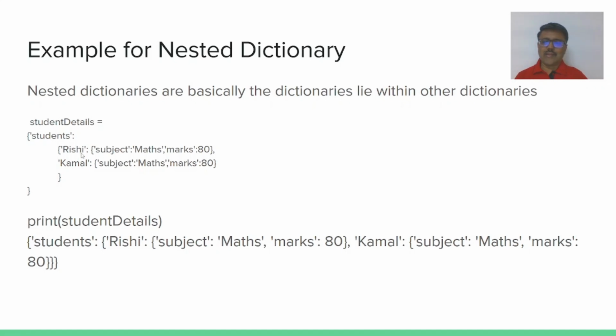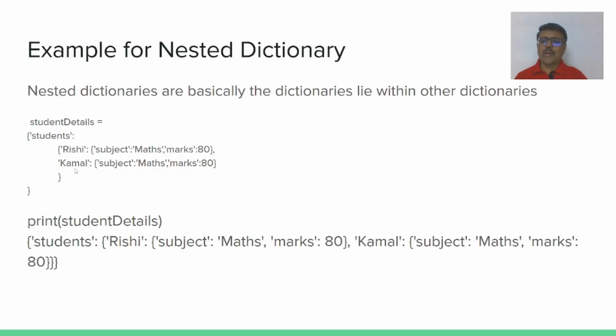Rishi is the key now, and Kamal is the key now for me. Then for Rishi, I enter the subject, maths, as a key value pair, and then the mark he is scoring.